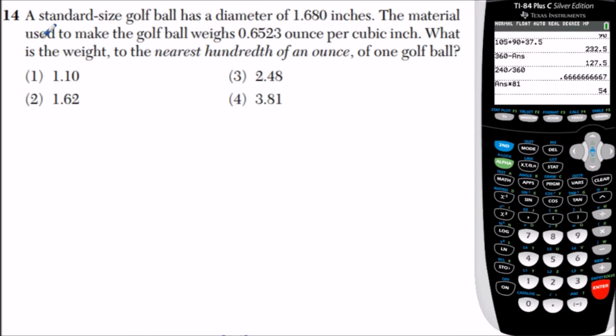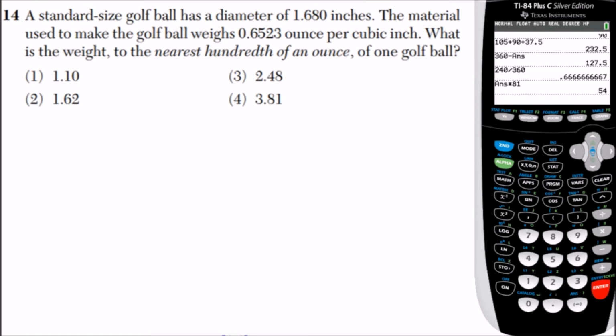So for this question here, we have a golf ball, so we'll just draw a circle to model this. The diameter is 1.68 inches. Now right away, anytime they give you the diameter, they're just trying to test you to see if you're going to divide by 2. Because to find the radius, just divide the diameter by 2, and the radius is equal to 0.84 inches.